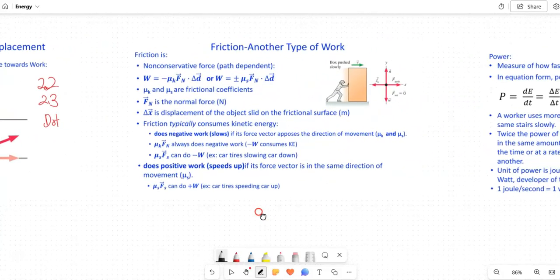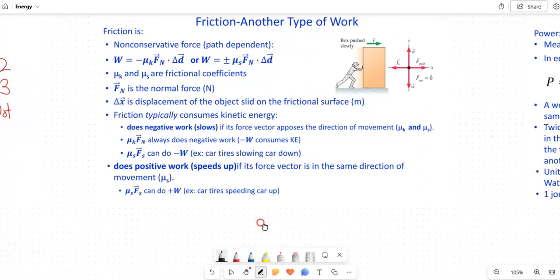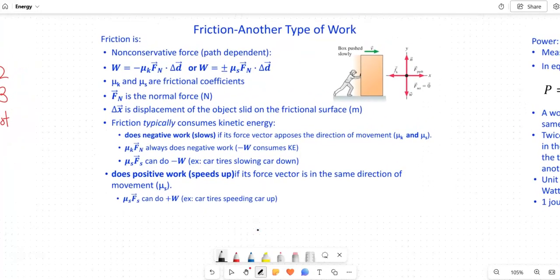The one that we will be dealing with the most is friction. We also just have outside forces, you push an object, it speeds up or slows down. But another type of work, and I want to look at this separately, is friction. Even though friction is a force, we're going to be using it so much in this class, we should probably talk about it.